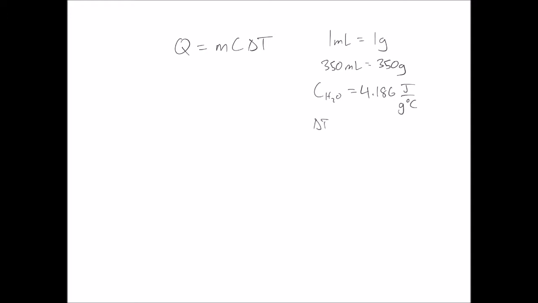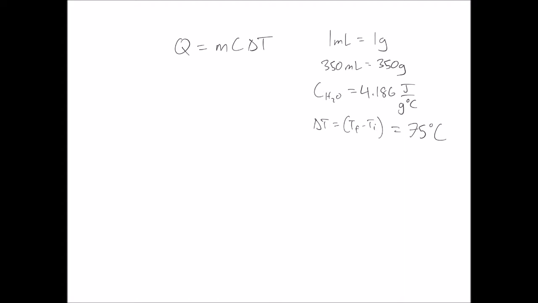And our delta T is equal to temperature final minus temperature initial. This can either be in Kelvin or in Celsius because it's a change in temperature, so it doesn't matter what you choose. So that's going to be equal to 75 degrees Celsius.